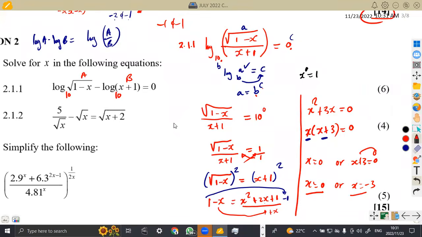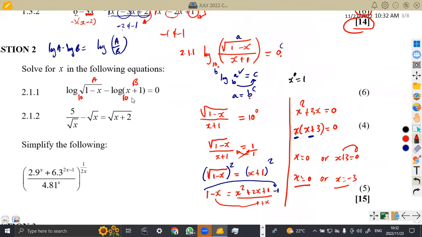But if we are to consider our x now back to this expression, remember these are logarithms. So let's just try and substitute something here. If we are to put a -3, I want you to see what is happening, especially on this log here. We have got x plus 1. That's -3 plus 1. -3 plus 1 is -2, and we do not have log -2.